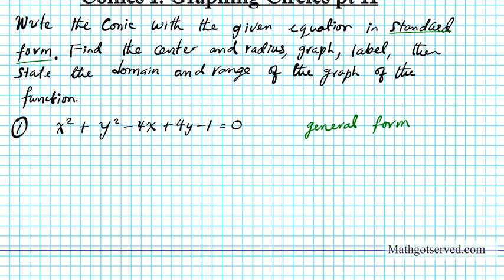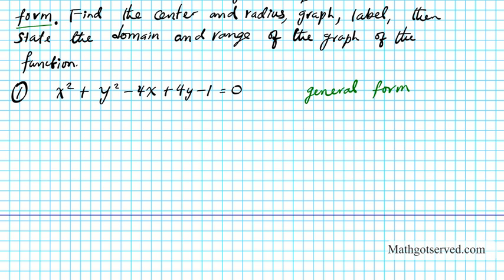Okay, so in order to convert this into standard form, the first thing we have to do is collect like variables together and then move the constant to the other side. So let's put the x's next to each other. We have an x squared and a negative 4x. X squared minus 4x. They're on the same side of the equation, so the signs do not change.